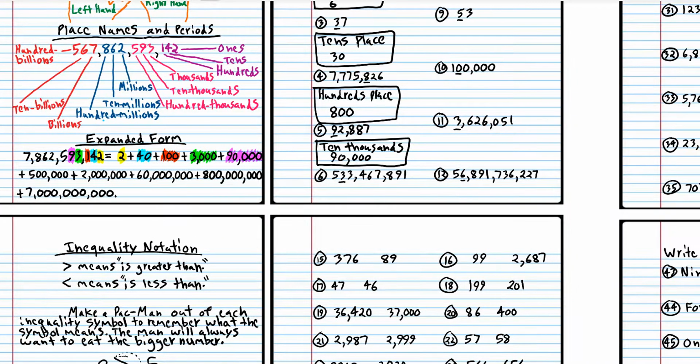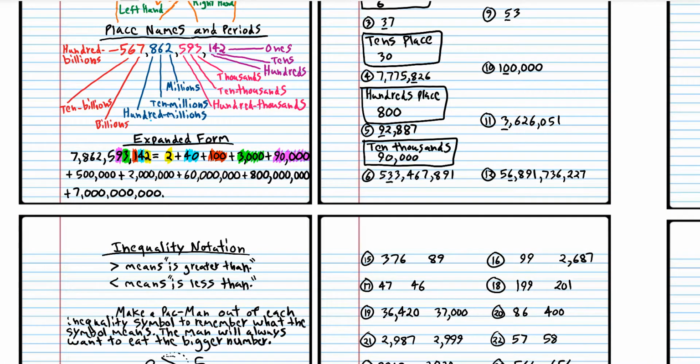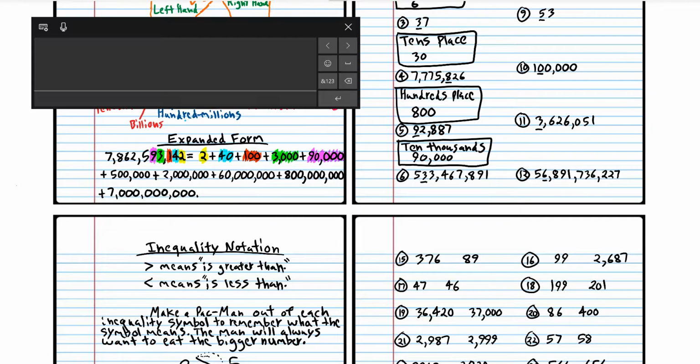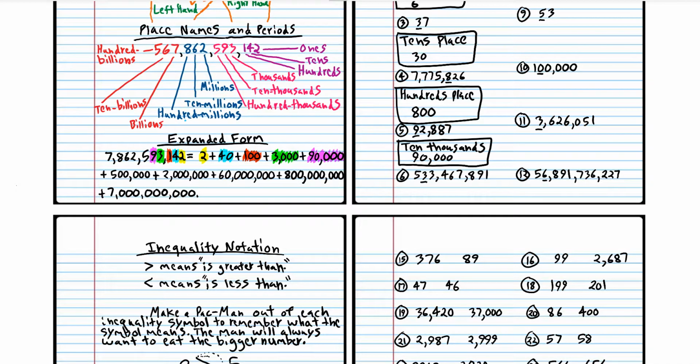Right, so why don't you try number 6? Number 6 is a big number. See what you can do. Pause the video, and when you come back, we'll do it together. All right, we're back. The 3 that's underlined is in the 8th number over. The 8th number over is the 6 here, which is the 10 millions place.